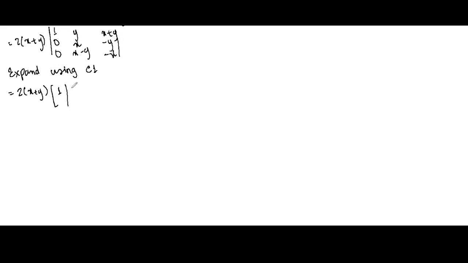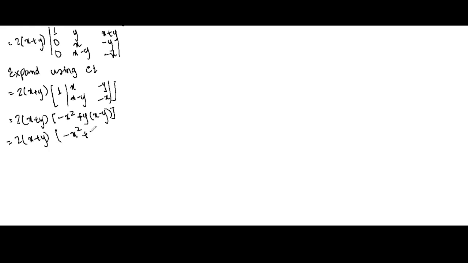Write it in the same order. Let's open up this minor matrix. 2 into x plus y into 1 into, okay, x into minus x gives us minus x square, then minus sign will remain as it is, then we have minus y, so it will become plus y, and then x minus y. 2 into x plus y into minus x square plus xy minus y square.